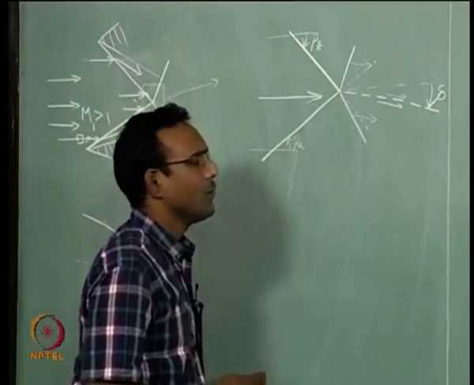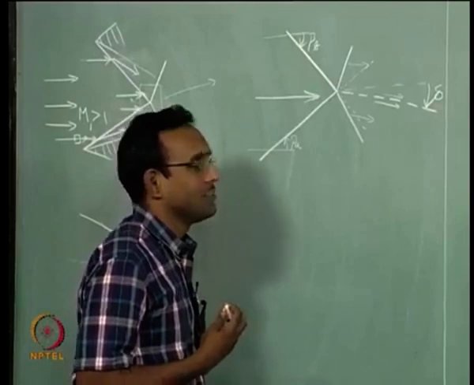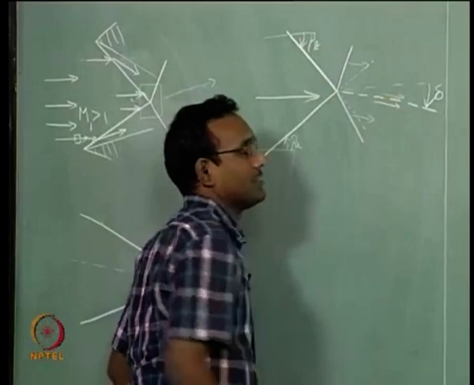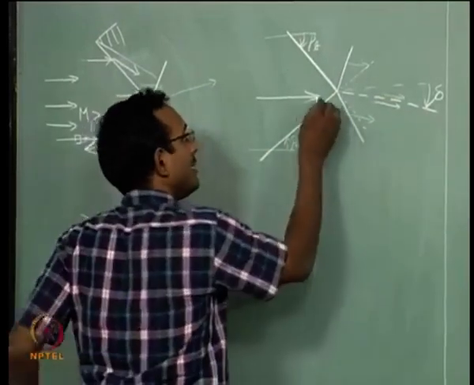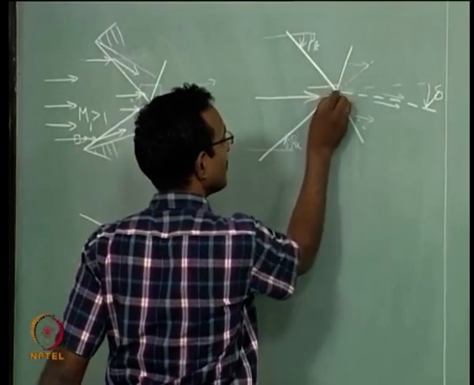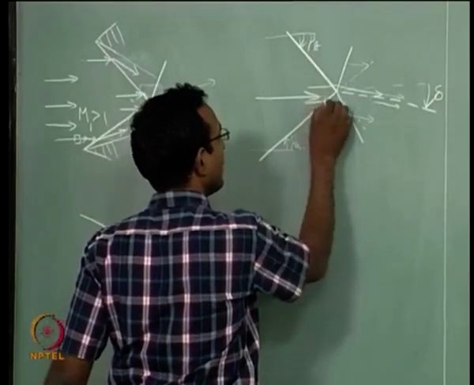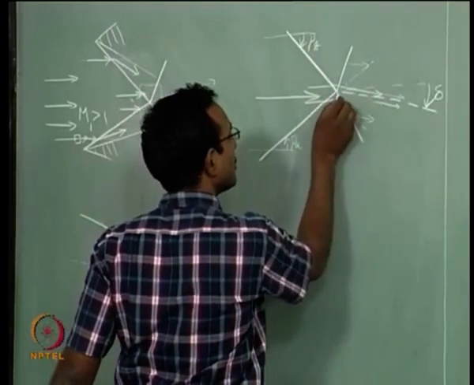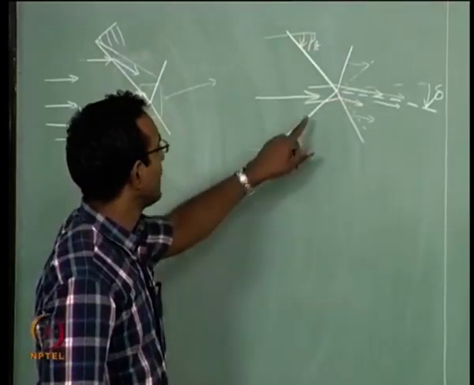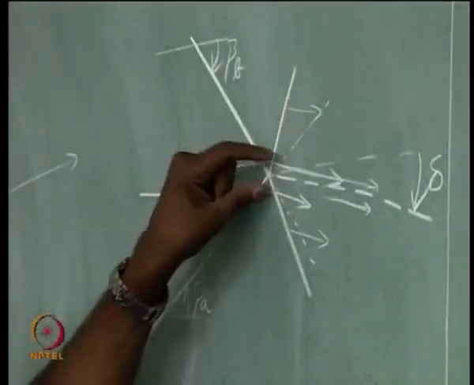Now how will I put it in mathematical terms? What does the flow try and satisfy here? I am saying the flow direction is like this. What does that mean? The streamline here, which is processed by the top two shocks, is going in a particular way, while the bottom shocks are going in a different path, right? They are experiencing different shocks, very different shocks, and finally they are coming out to be here.